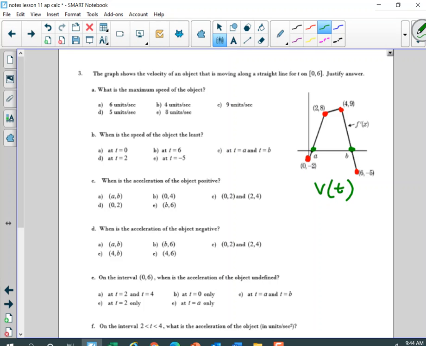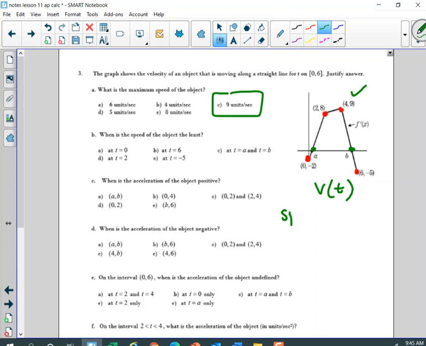Well, speed is the absolute value of velocity, so the absolute value of each of the y values would be speeds. However, in this case, even if you didn't know that, you would pick the 9 as the biggest number. We would be looking for the number with the biggest absolute value. So if there happened to be a point like 7, -10, that speed of 10 would be the biggest one.